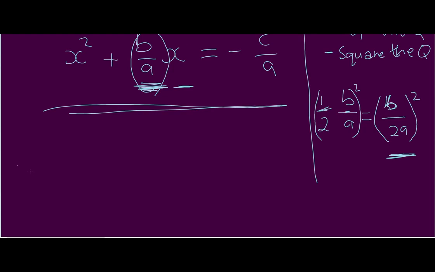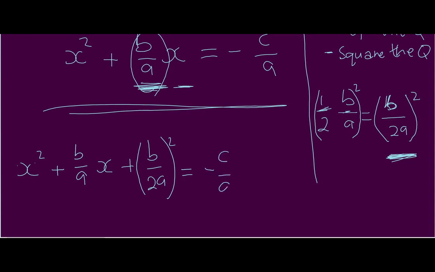So it's going to be x squared plus b over a x, and we're going to add this term plus b over 2a squared, equals negative c over a plus b over 2a squared.